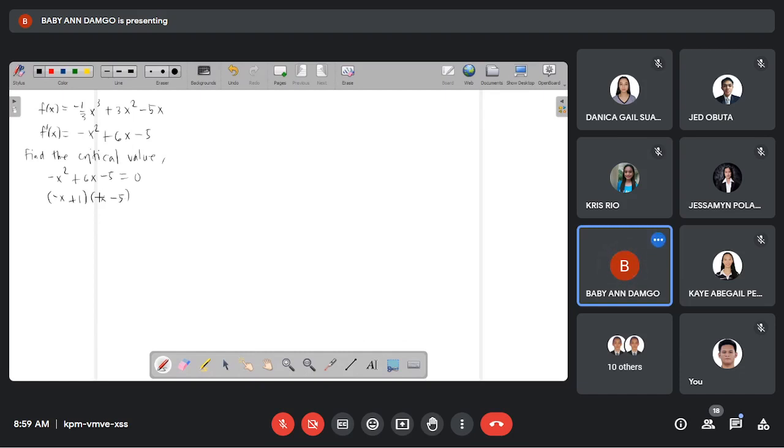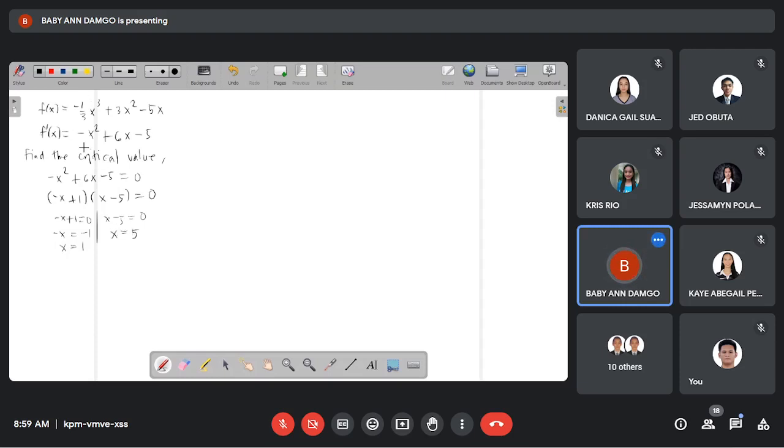So we have 6x. 1 times negative 5, so this is correct. So we have here negative x plus 1 equals 0, x minus 5 equals 0. So negative x is negative 1, so x is 1. Okay? So here, x is 5.